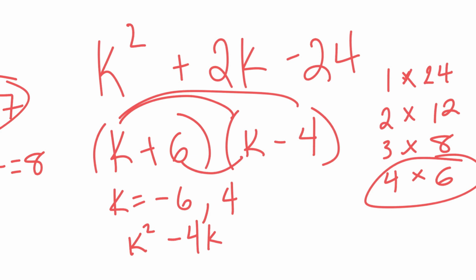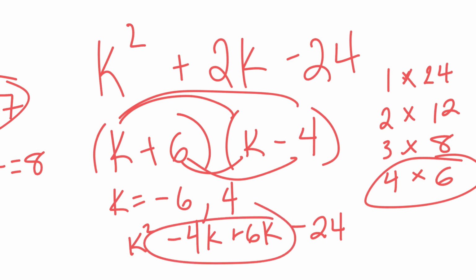Then I can do 6 times k, that's positive 6k. And then 6 times -4 is -24. These two in the middle need to be combined, which of course gives us k squared plus 2k minus 24.